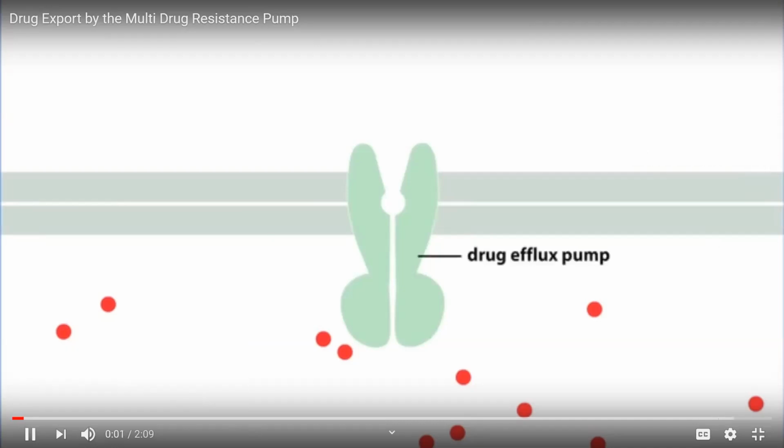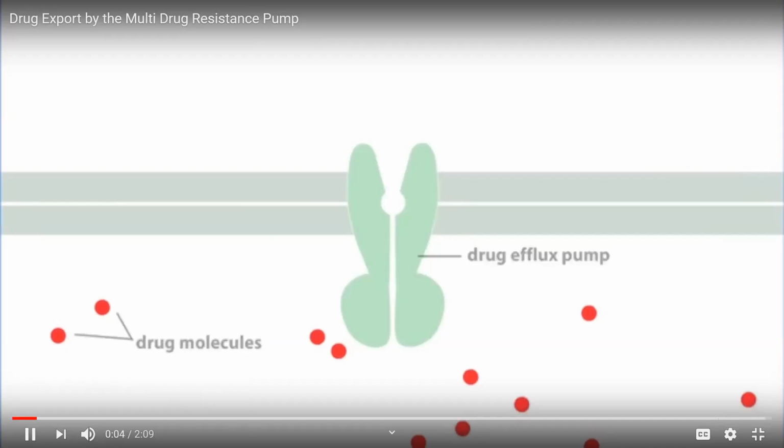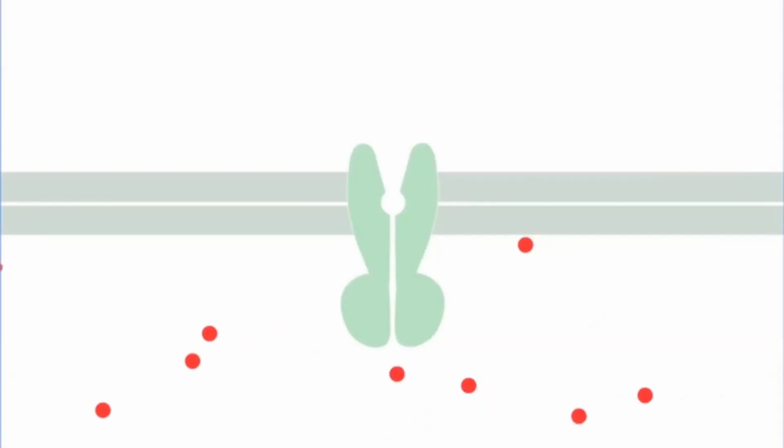Transmembrane drug efflux pumps can remove chemotherapeutic drugs from inside a cancer cell, thereby reducing intracellular drug concentration, which generates resistance to the cytotoxic effects of the drug. Certain drug efflux pumps can extrude multiple types of drug molecules, creating a stable multi-drug resistance, or MDR.